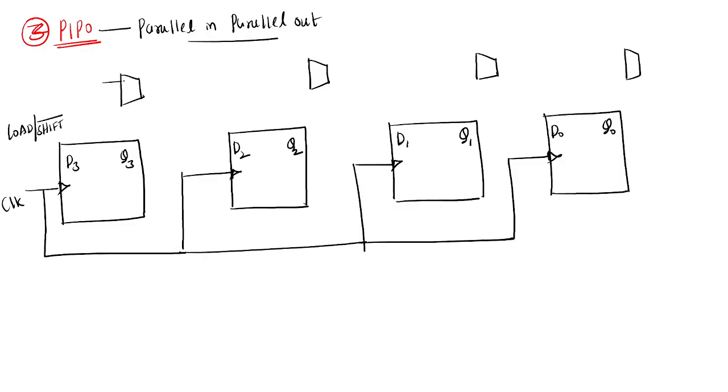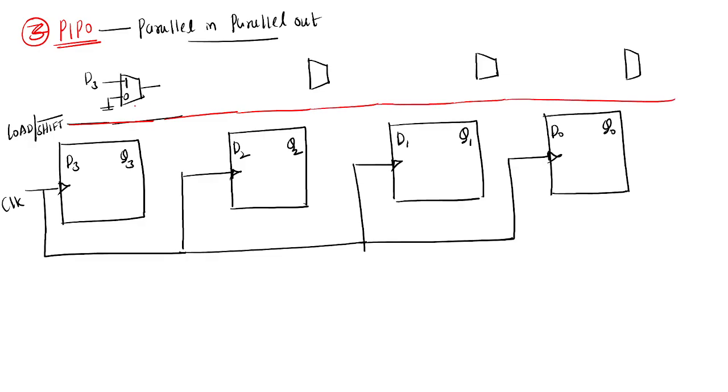So this D3 is given to I1, and D0 is connected to ground. This is the line load by shift bar, which is given as the selection line.